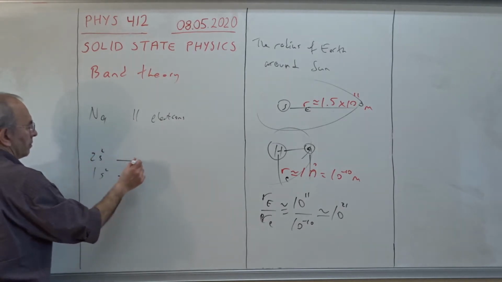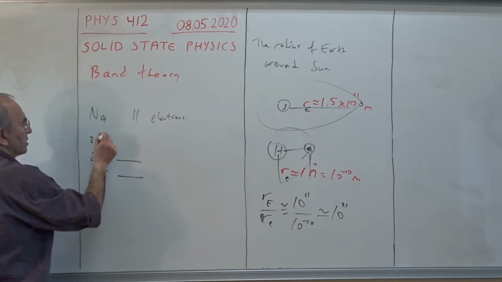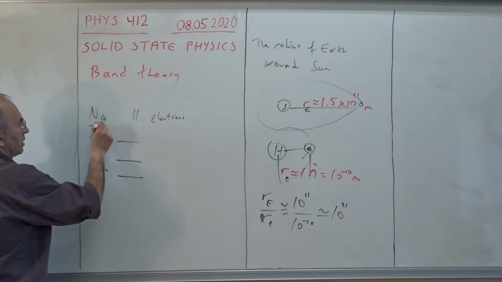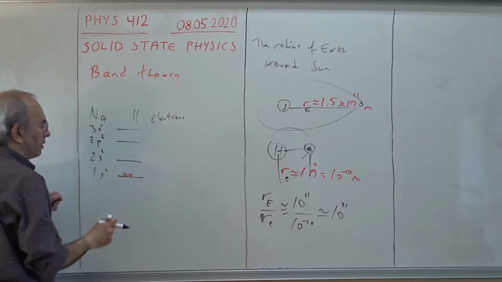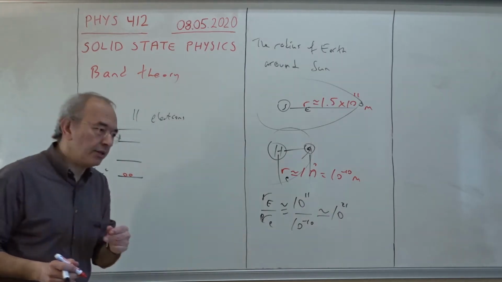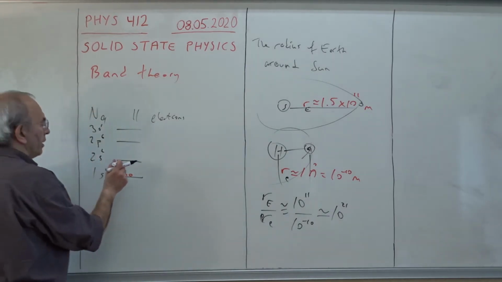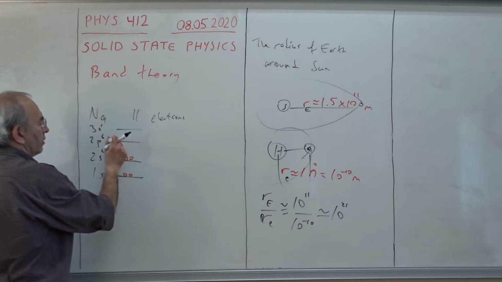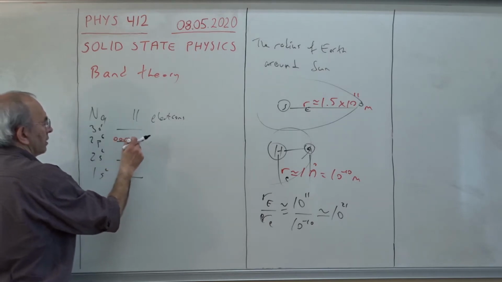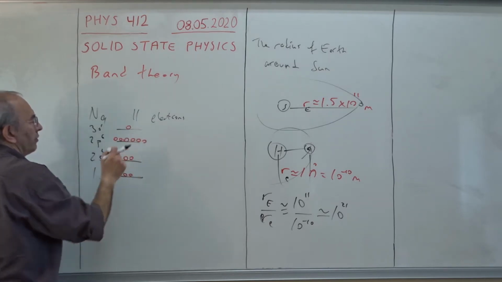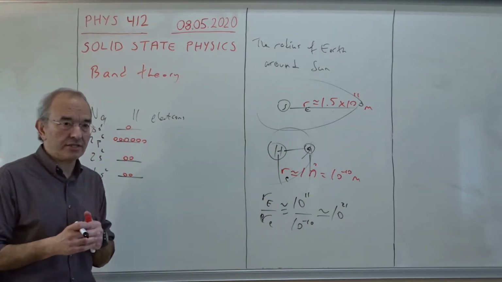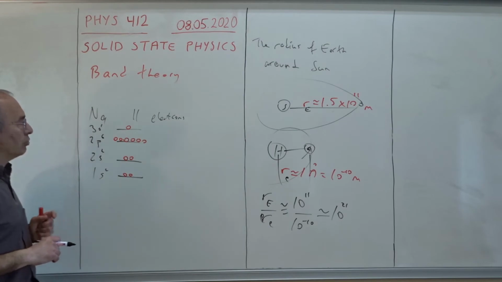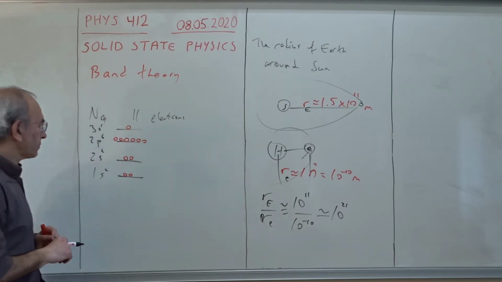As you see, in this configuration there are 2 electrons there, and 2 also there, 6 in the 2p state, and the outermost one corresponds to the 3s orbital. So this is a sodium atom.